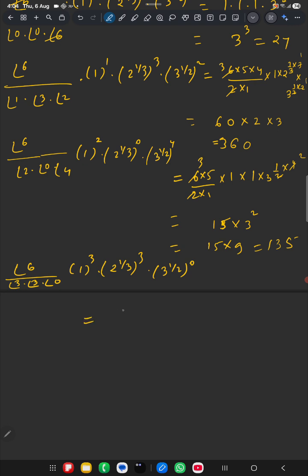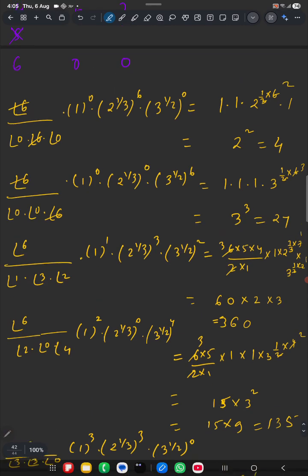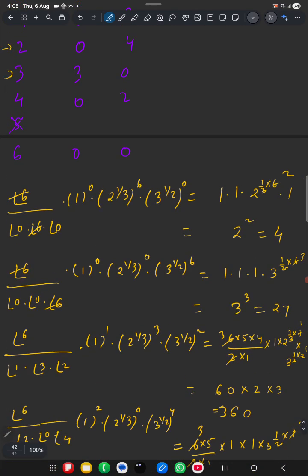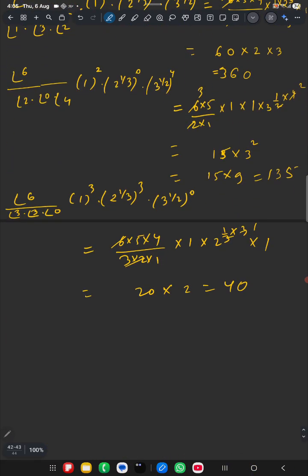So this will give you 6 into 5 into 4 by 3 into 2 into 1 into 1 into 2 power 1 by 3 into 3, into 3 1 by 2 power 0 is 1. So 3 to the 6. You are getting 20 into 2, that is 40. So which one is over? This one is over.